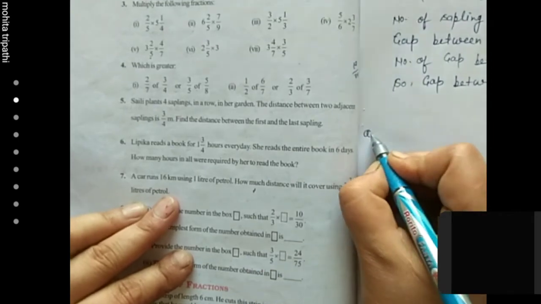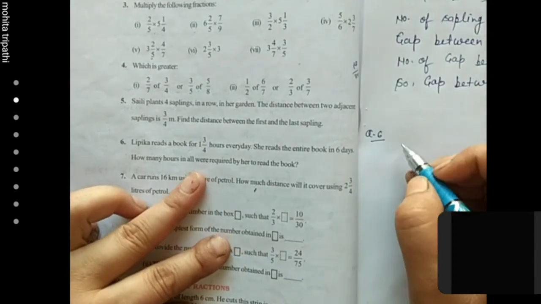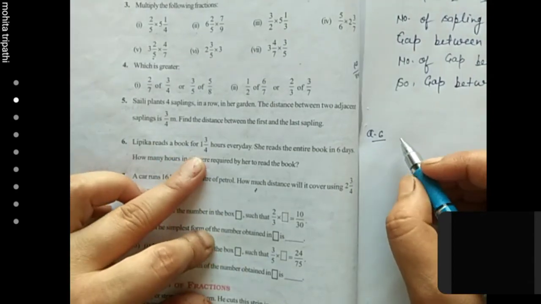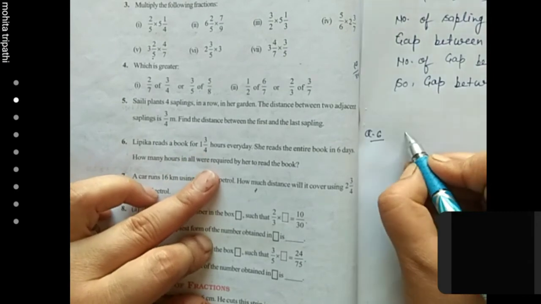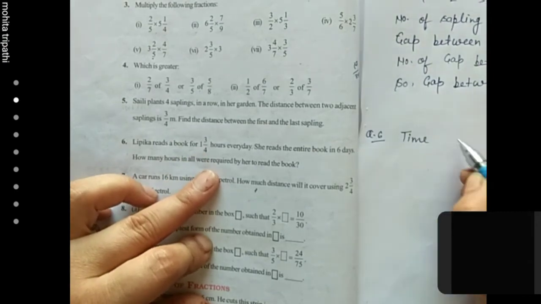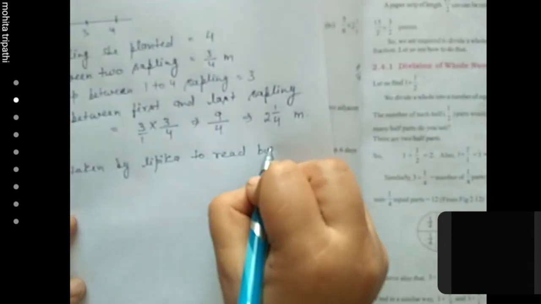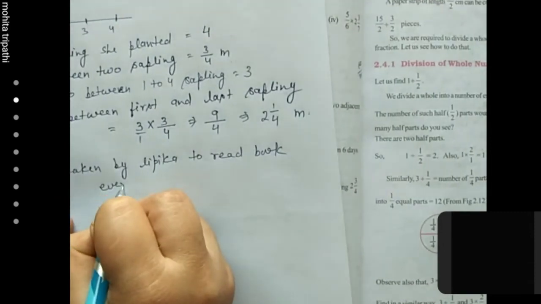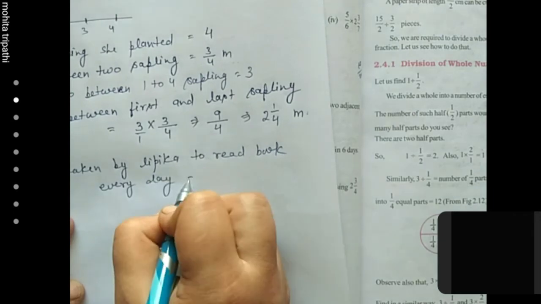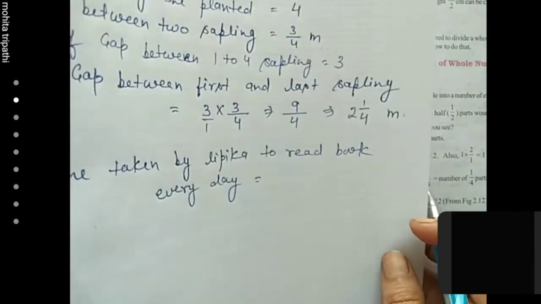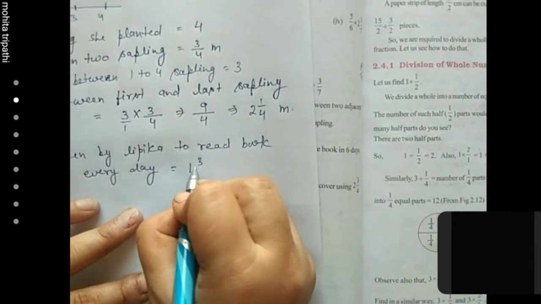What is given in question number 6? The time taken by Lipika to read the book every day is 1 whole 3 upon 4.